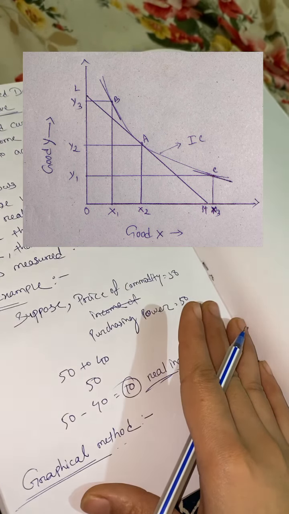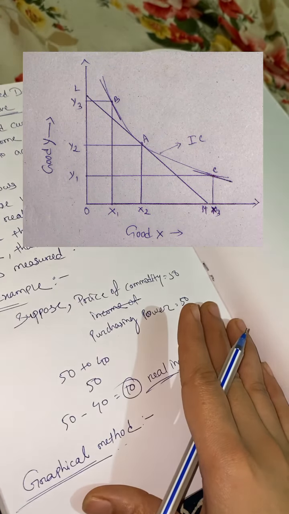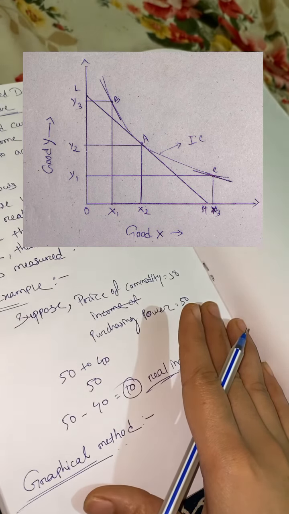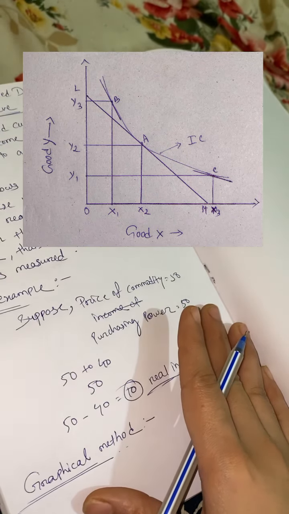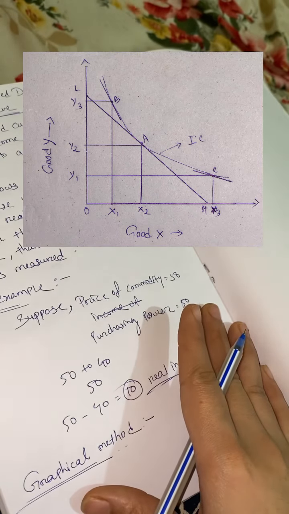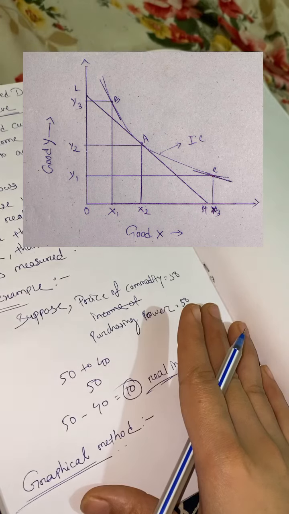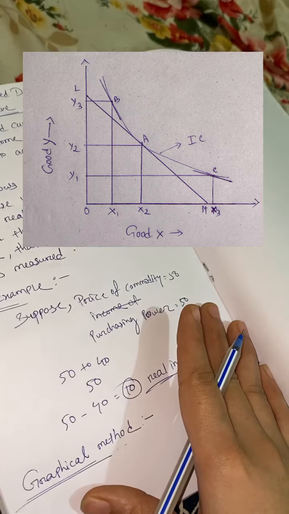After eliminating the real income, he will again consume OX2 amount of good X, and it shows that at point A the consumer maximizes utility, and at this point he is totally satisfied with the same price of the commodity and the same purchasing power. So this is the satisfaction point, which is A. So this is all about the graphical method and the compensated demand curve.